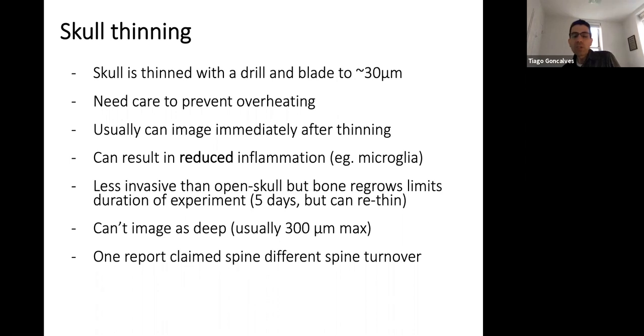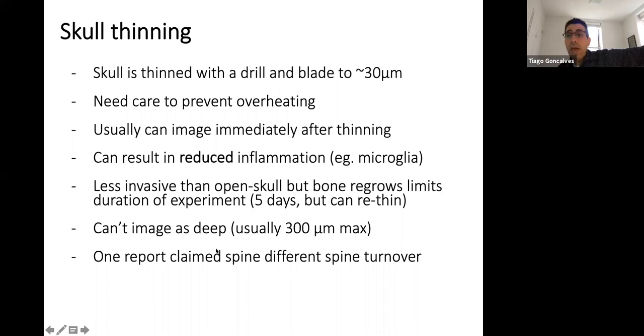There was a big controversy around 2007 between, I guess, the labs of Wenbiao Gan at NYU and the Svoboda lab. Svoboda and other researchers used the craniotomy method where they removed part of the skull entirely.